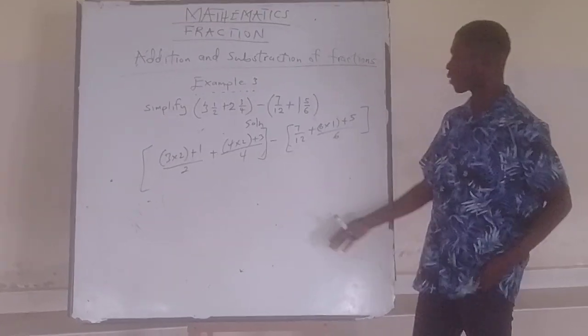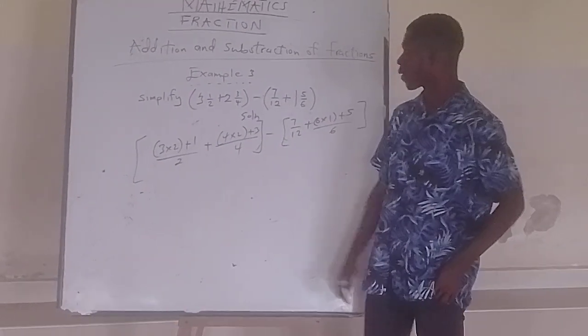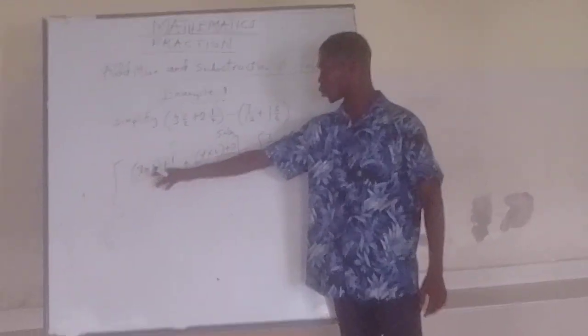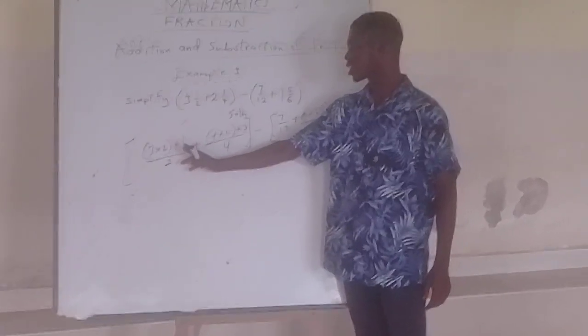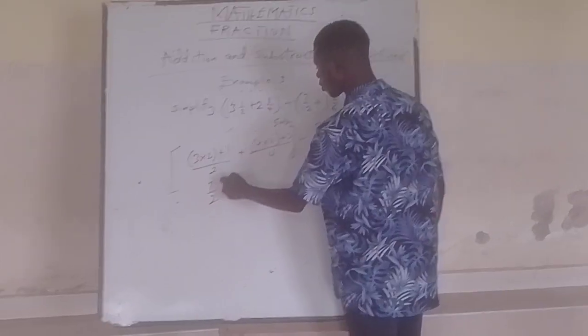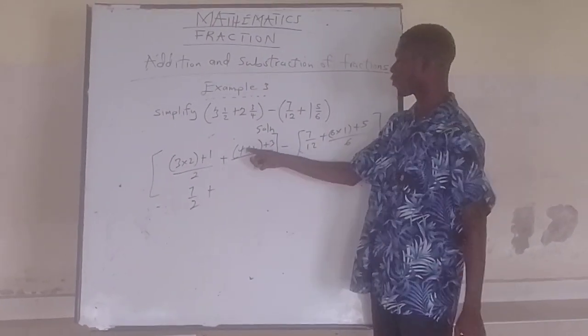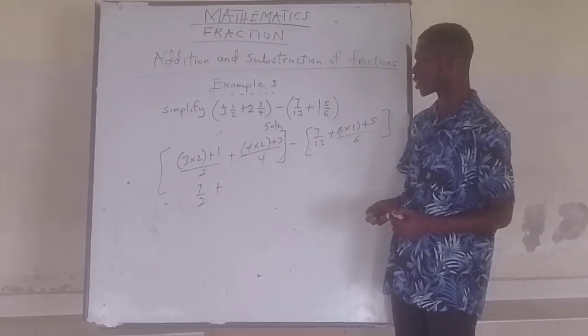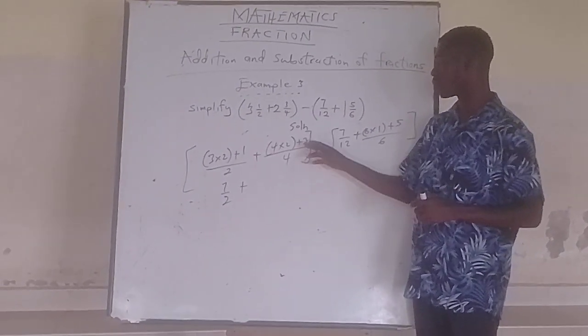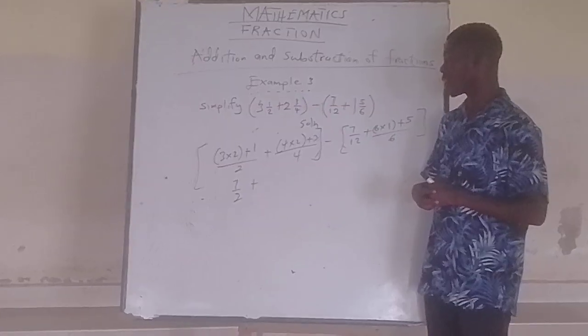So now let's come to this one that we have simplified in this way. 3 times 2 we get 6, 6 plus 1 is 7, so 7 over 2, plus this one: 4 times 2 is 8, plus 3 is 11.